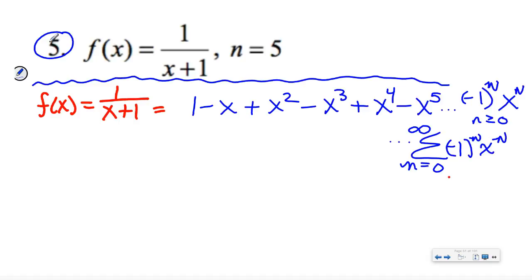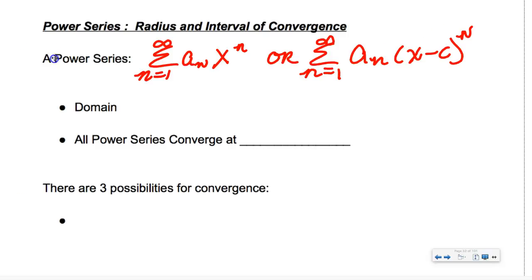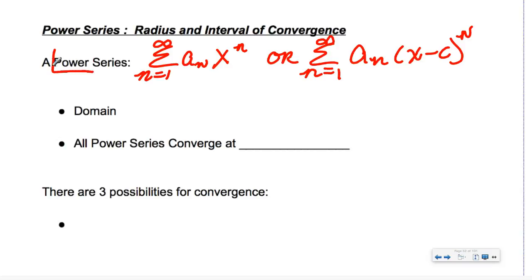All right, that's all I need you to add to that cardstock right now, and that's all I need from 3A. At the top of your notes, a power series. This is a new word for you. We've been working with series, but I've never had the word power in front of it. And you'll notice what's different from what you did on your last test is the introduction of this variable x in it.